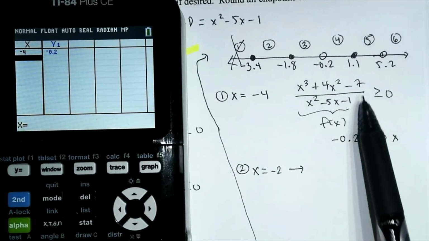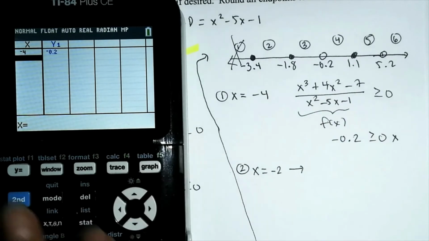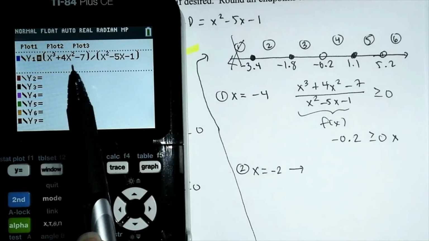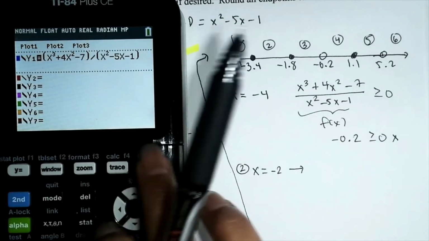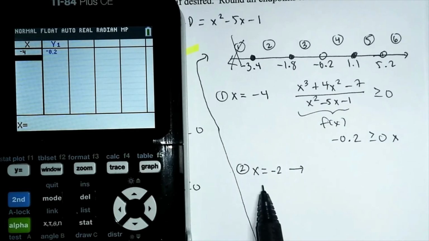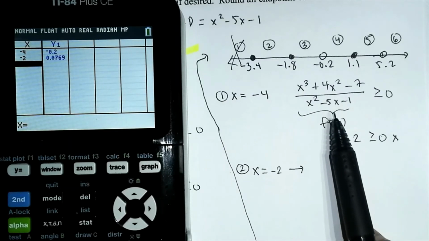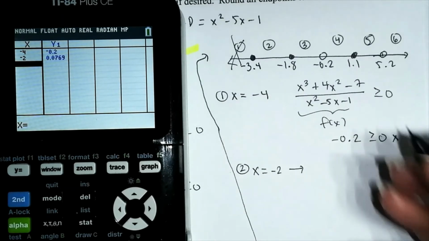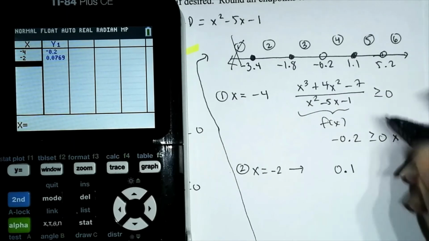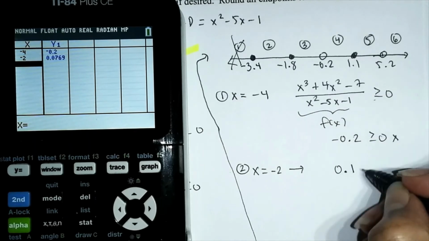So we already saved this fraction into our calculator. Remember, we have y equals the fraction. So let's go back to our table. So when x is -2, let's substitute, and the fraction should give us about 0.1. Okay, so that will lead to 0.1 on the left is greater than or equal to 0.